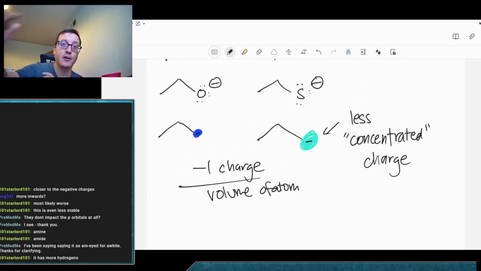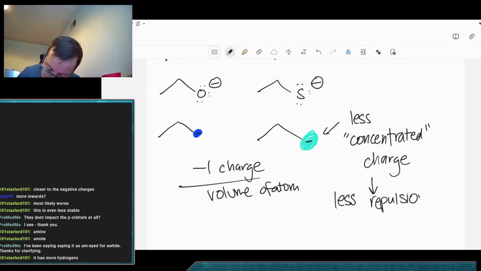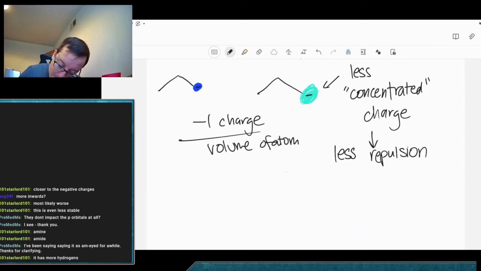In the sulfur, your orbitals are farther apart, and so they're less likely to bump into each other. Remember, they do repel each other, so there's less kind of repulsion happening here, because the orbitals are farther apart.